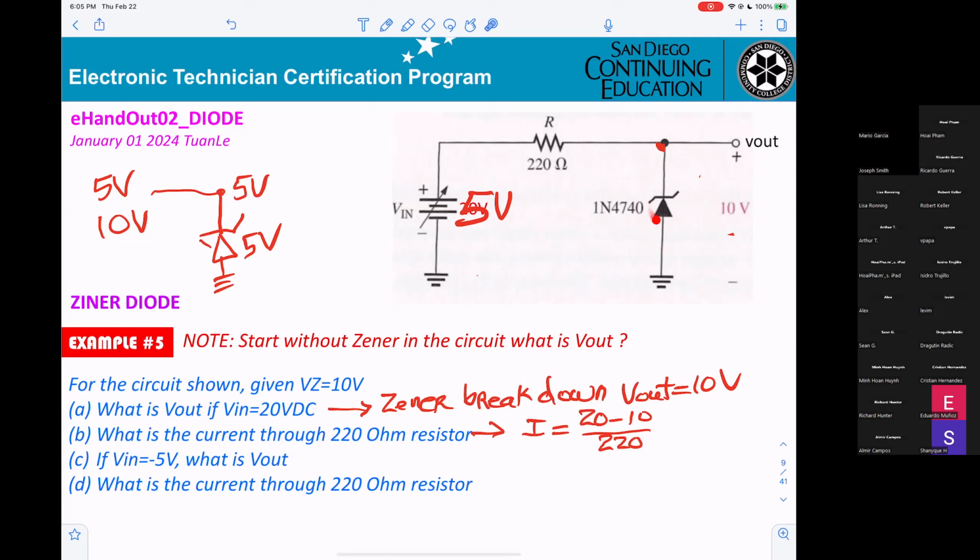Take the diode out. What is the voltage out? 0.7. Now, what I'm saying is, first thing, you have to know what we have here if no diode here. It would be 5 volts. Okay, now you get 5 volts.